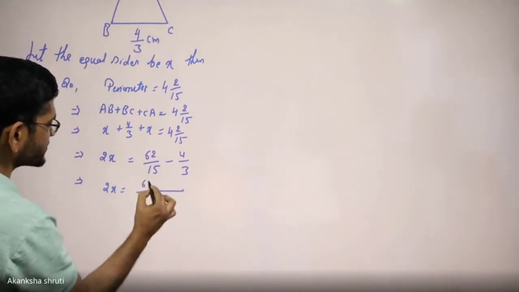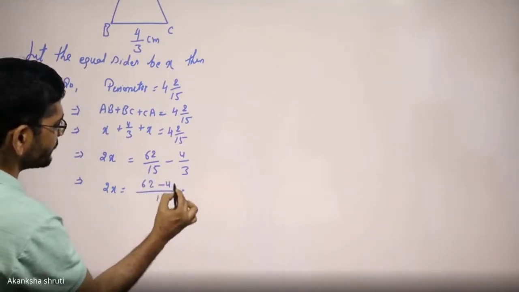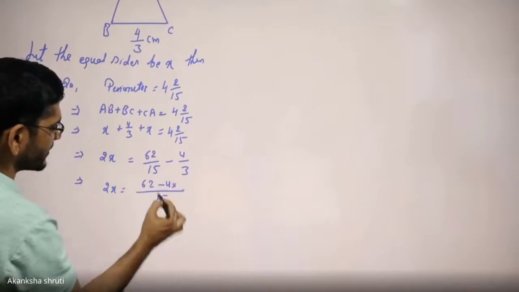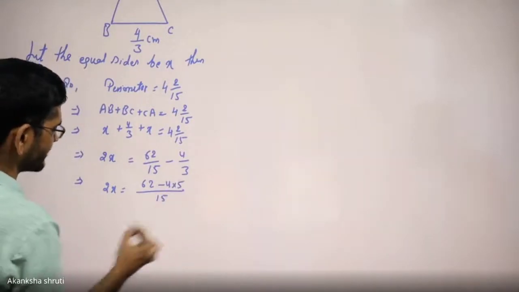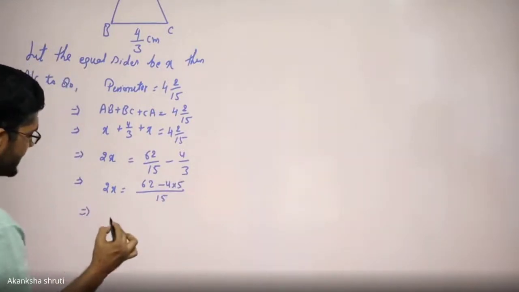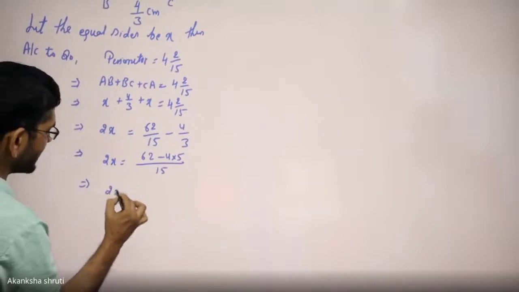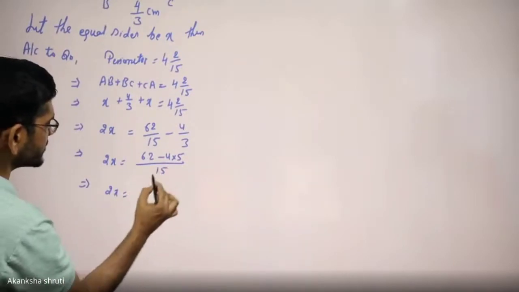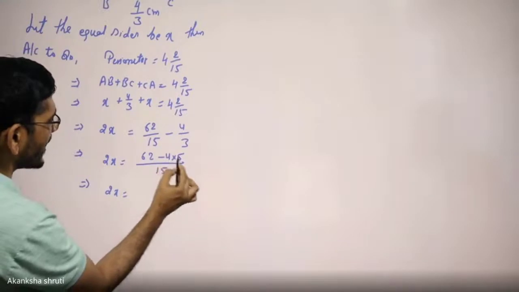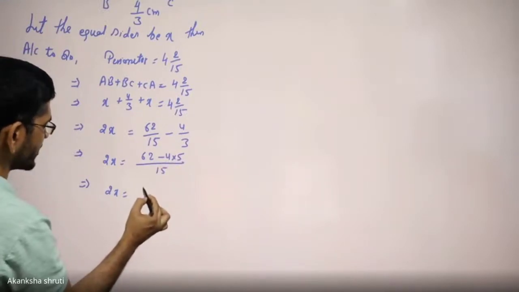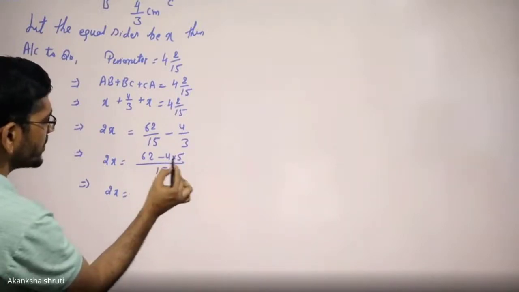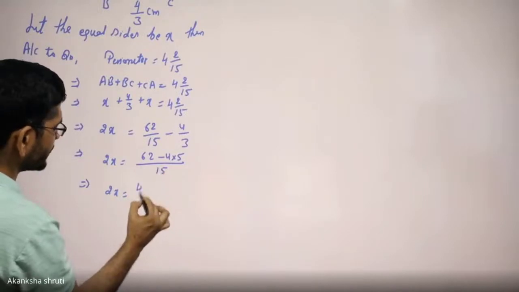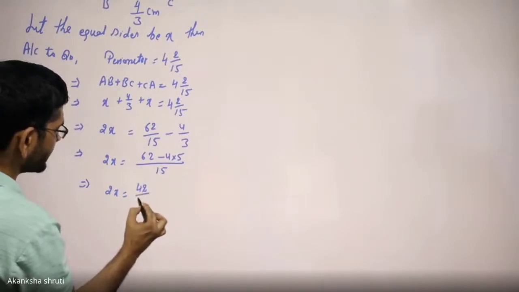It is 62 minus 4 into 5, since 3 goes 5 times. So 2x is equal to 62 minus 5 fours are 20.